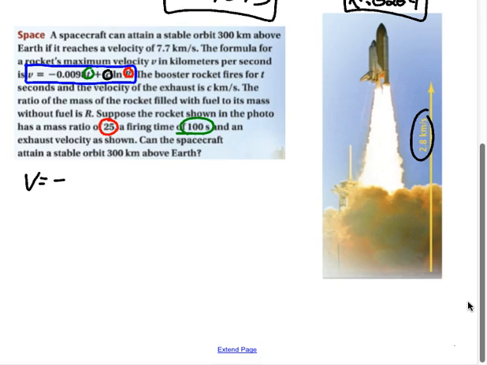All right, so let's plug in each of those values.